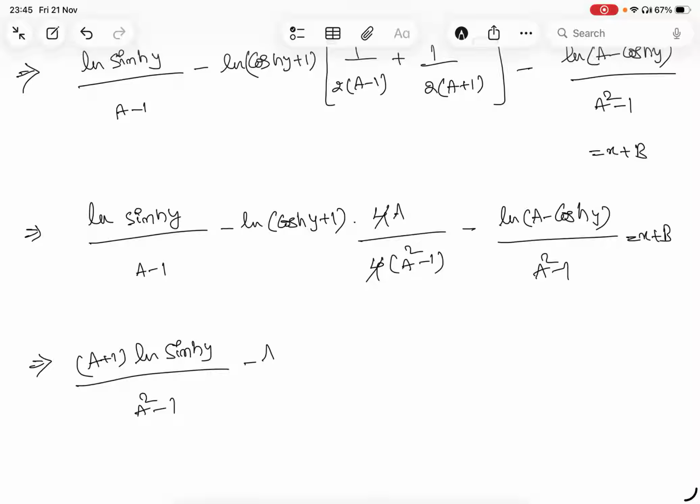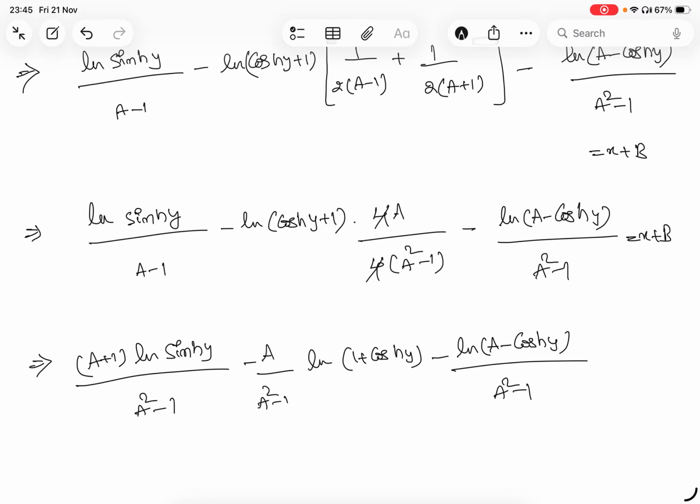Fine. The second term is a by a square minus 1 into ln of 1 plus cos hy minus ln of a minus cos hy by a square minus 1 is equal to x plus b.